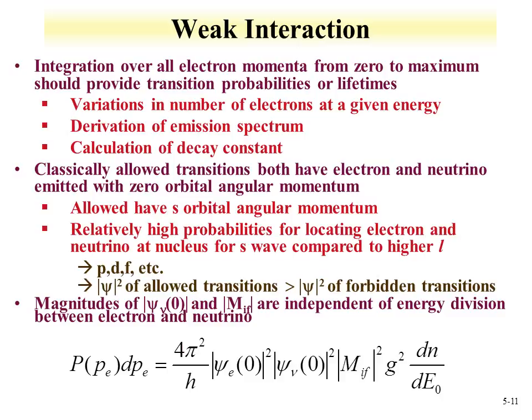So we're going to call these forbidden first, second, third, etc. forbidden transitions. And we're going to see that the allowed transition elements are larger than the forbidden elements.